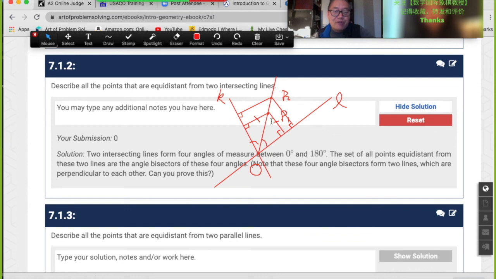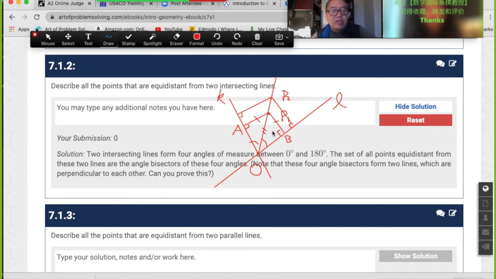If you try to prove this, it's very easy. You just use these two congruent triangles. Suppose this one's A, this one's B. Now this point is P1, right? So in triangles OAP1 and OBP1, these two triangles, OP1 is shared. This side is shared, right? And P1A and P1B are equal.